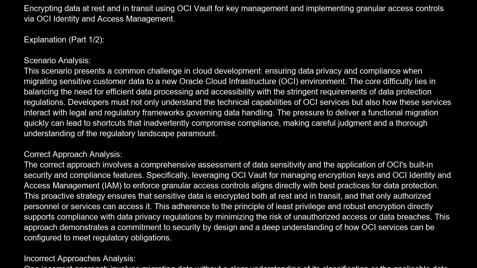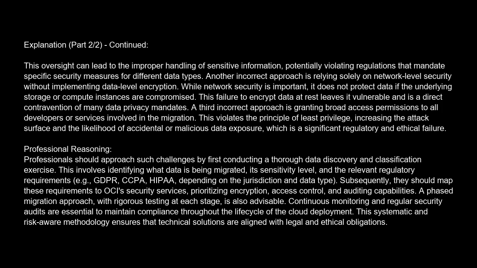This approach demonstrates a commitment to security by design and a deep understanding of how OCI services can be configured to meet regulatory obligations. Incorrect approaches analysis. One incorrect approach involves migrating data without a clear understanding of its classification or the applicable data protection regulations. This oversight can lead to the improper handling of sensitive information, potentially violating regulations that mandate specific security measures for different data types.